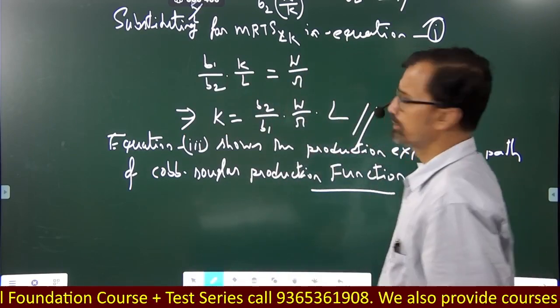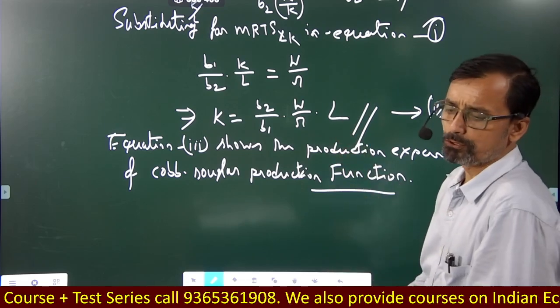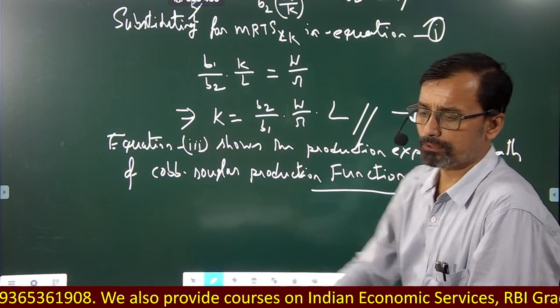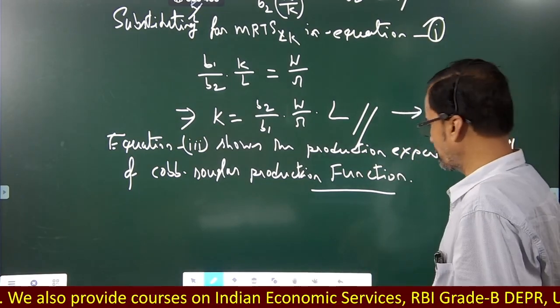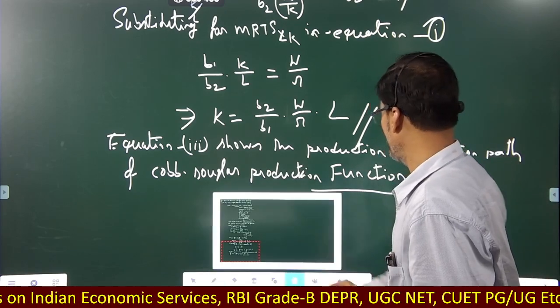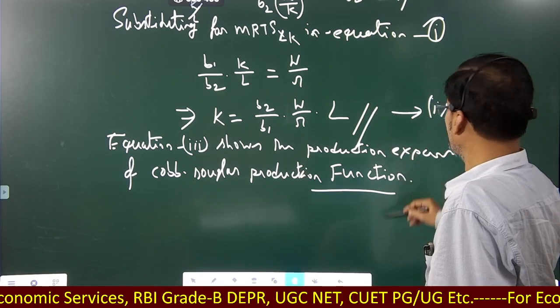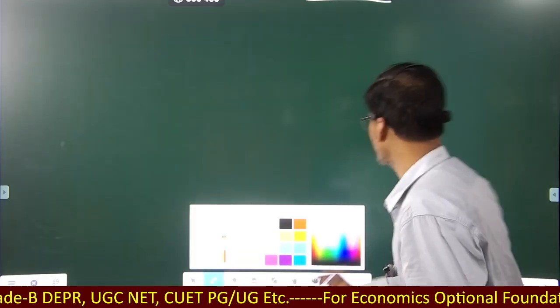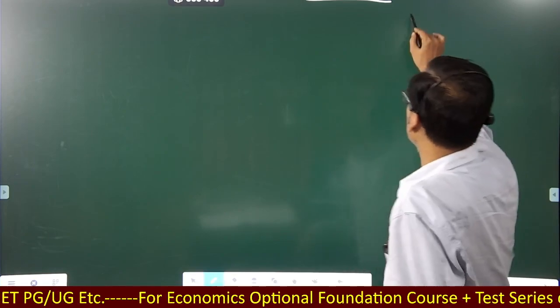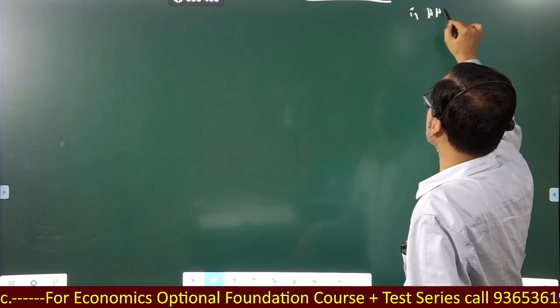Actually, this production function is most popular in applied research. The Cobb-Douglas production function is most popular. We will discuss a little more about the Cobb-Douglas production function. What is actually a production function? The Cobb-Douglas production function is very popular in applied research.